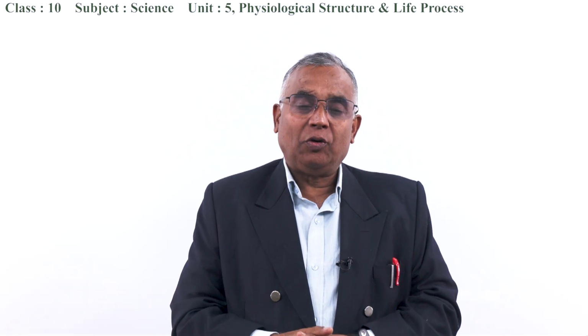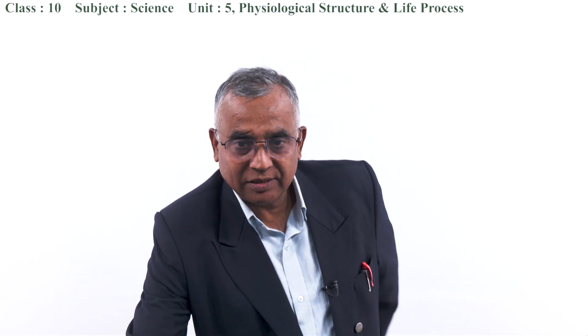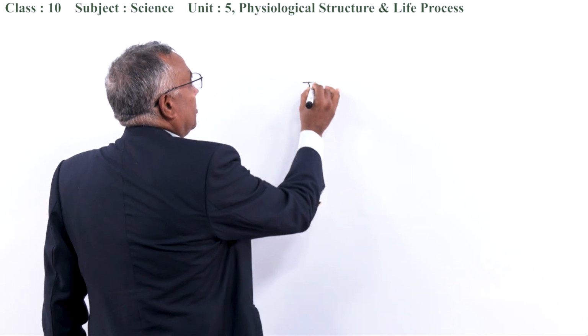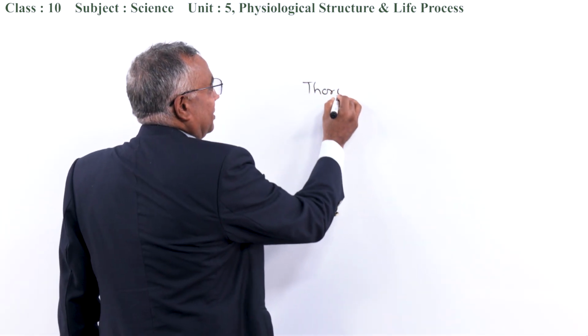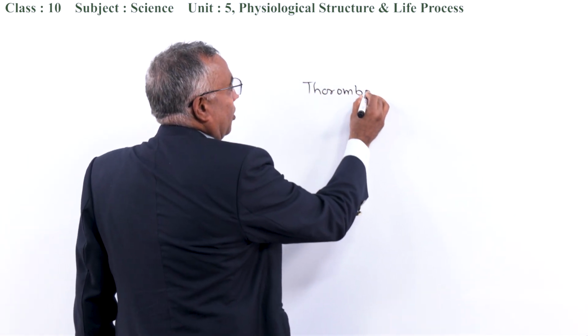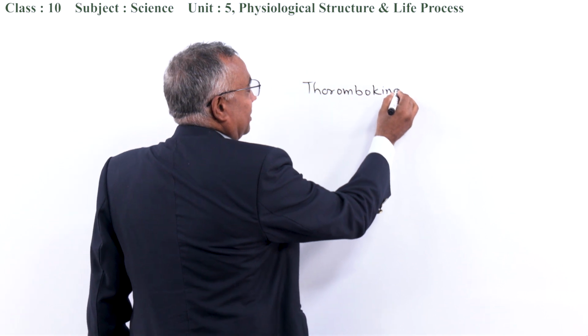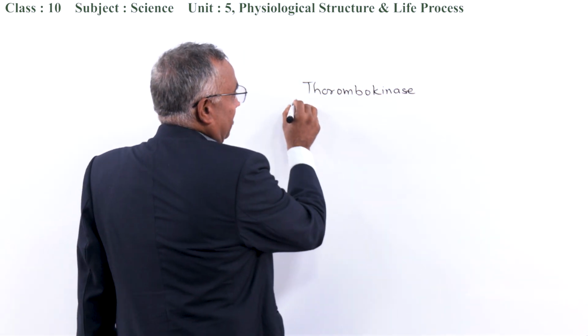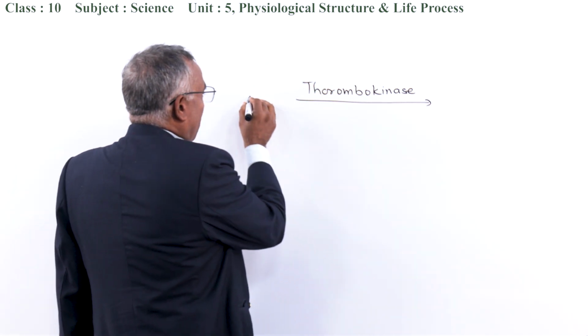So when the cells are injured by the hammer, they produce an enzyme called thrombokinase. That may be more than your requirement, but it is interesting. Thrombokinase is an enzyme, and this enzyme changes prothrombin into thrombin.